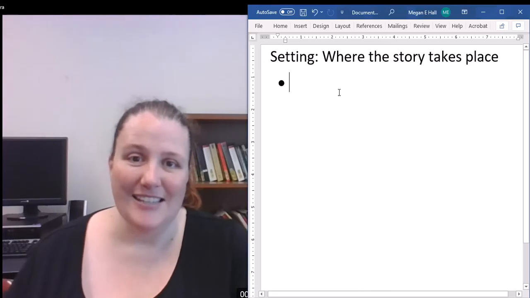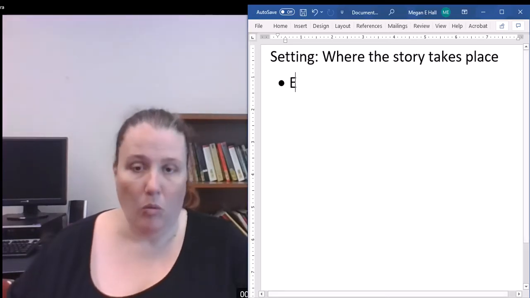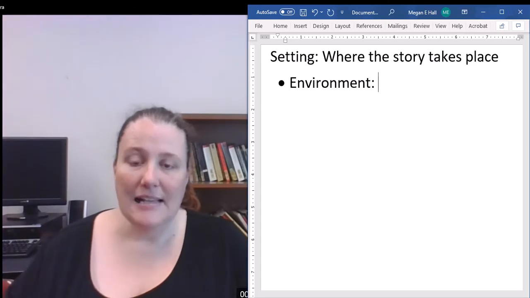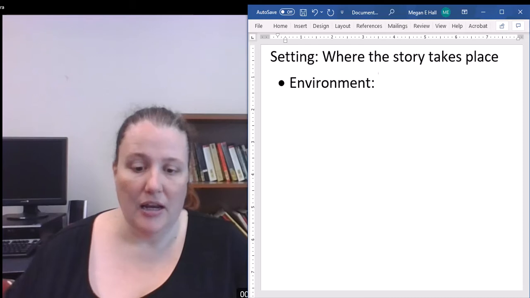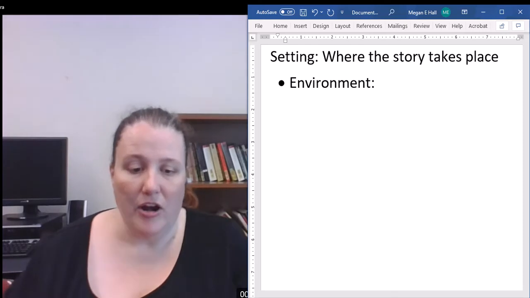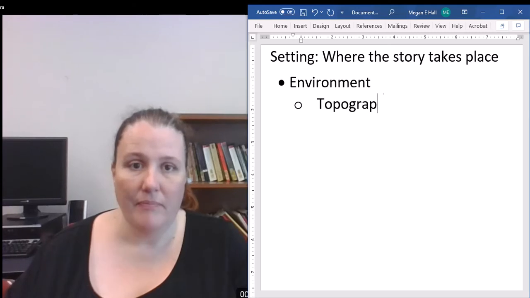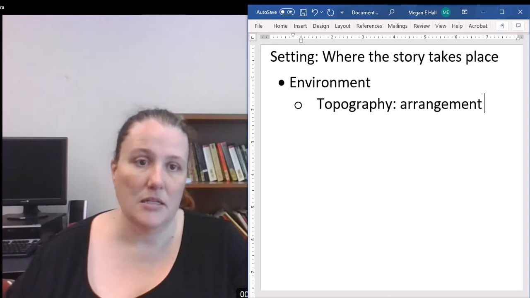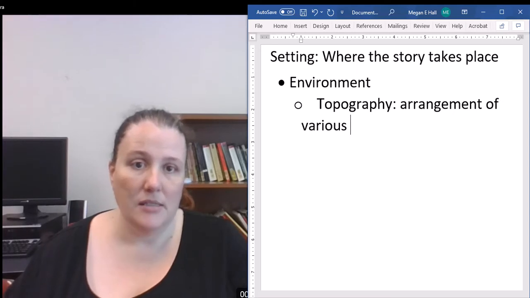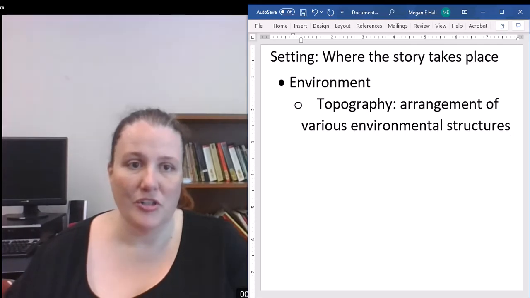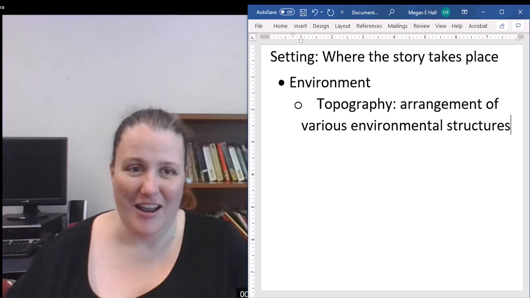So let's get started. Component number one is environment. And things that you might want to consider in your basic environment. We have topography. Topography basically means the arrangement of various environmental, for lack of a better term, structures, sort of like the dictionary definition.